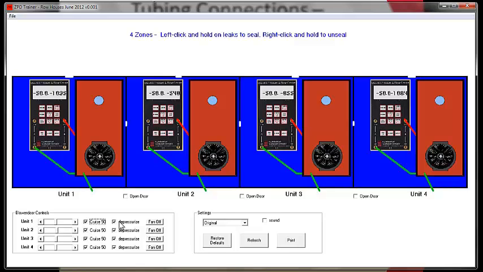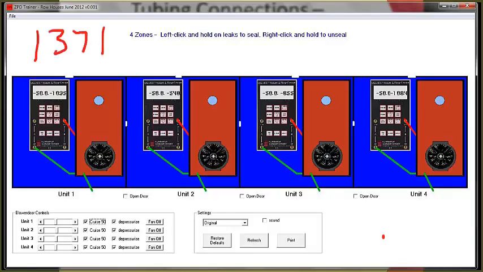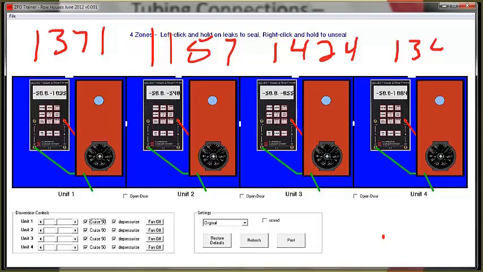All right, and then I'll write what our numbers were. 1371 was the unguarded, 1157. Hope you can read that. 1424, and 1348.